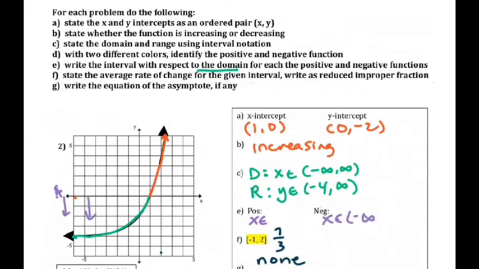And as he's walking, he's still in the negative part until he gets to 1. Once he gets to 1, it's positive, and it's positive now until infinity. And so those are the intervals with respect to the domain. Remember, domain is x, for positive and negative functions.